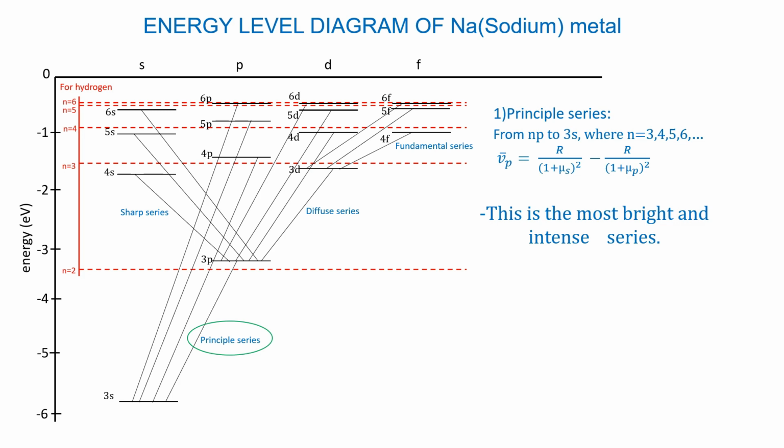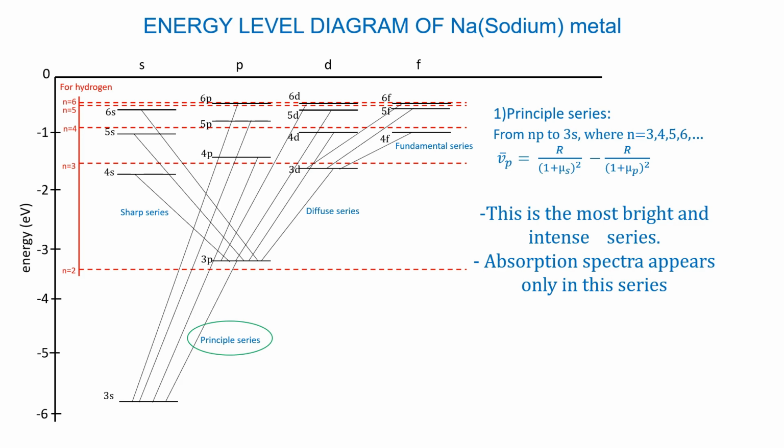So the principal series is the brightest and most intense series among all the series, since all the electrons must come to 3s. And it's also the only one that shows absorption spectra and emission spectra.